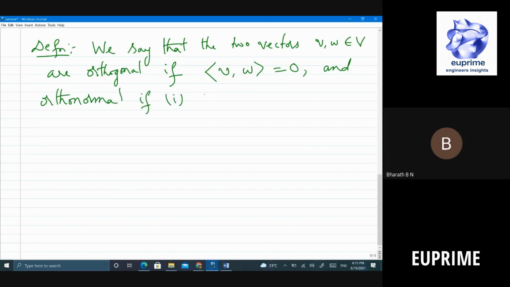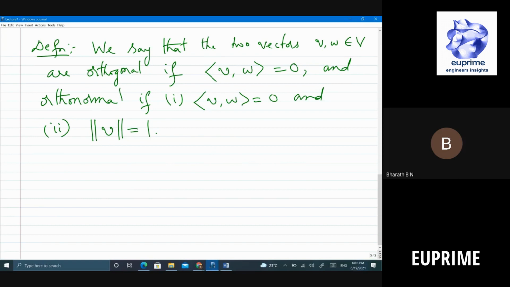First of all, it has to be orthogonal, so the inner product is 0. And what is the second thing? Normal means, I mean, it should have unit length, right? So the norm of v should be equal to 1. Typically this norm is induced by the inner product. You should not use a completely different norm for normalizing and for the inner product. Is this fine?